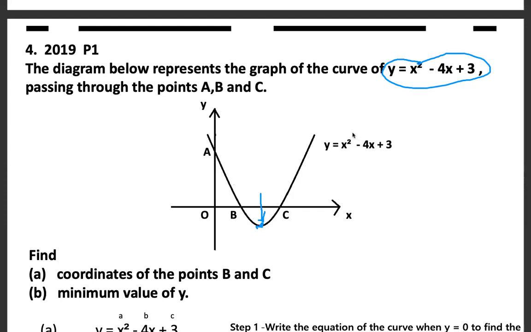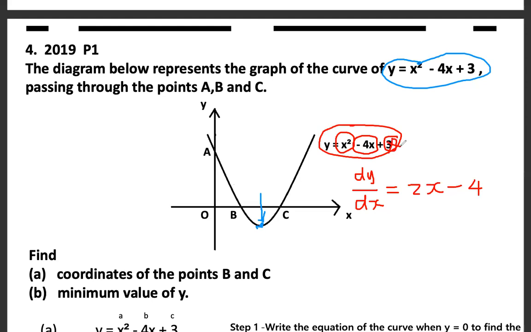How do you do it? You have this function, so the best is to find the dy/dx. So dy/dx here will be 2x minus 4, because the dy/dx of the last term gives 0, therefore you ignore it.